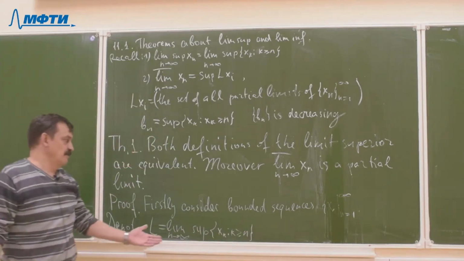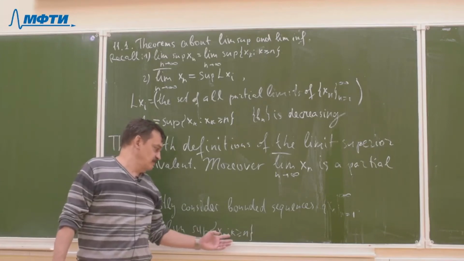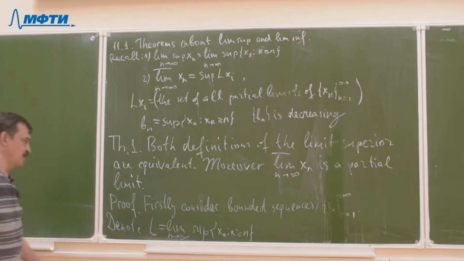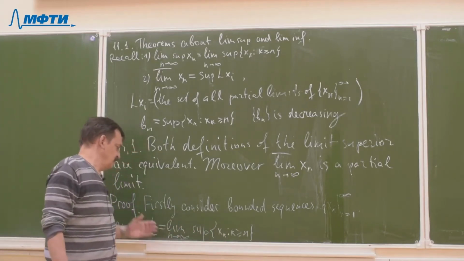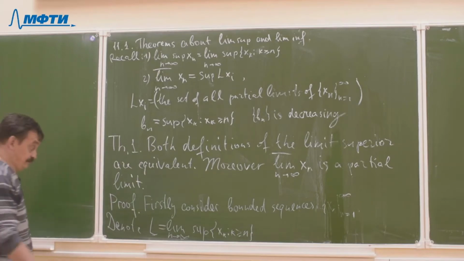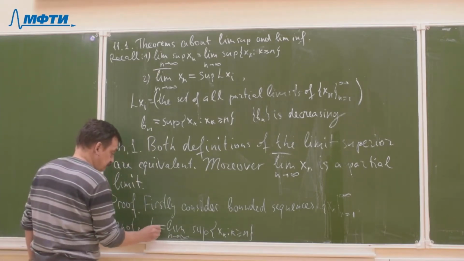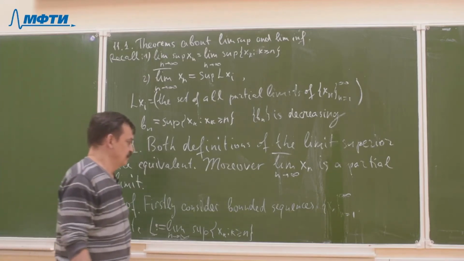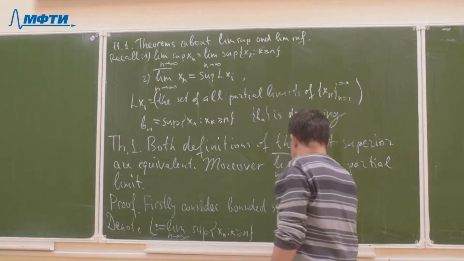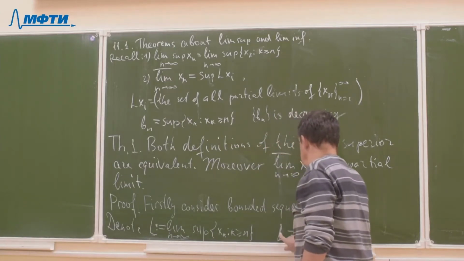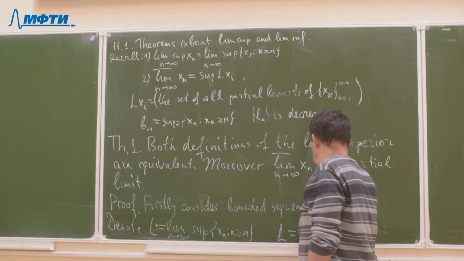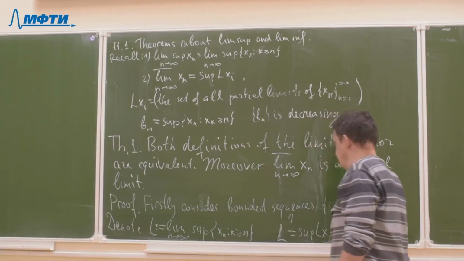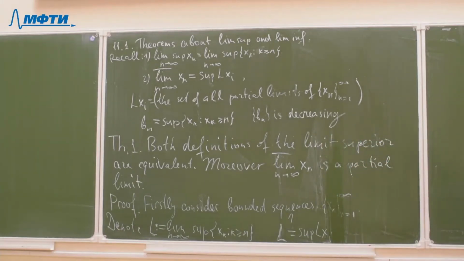So we take members of our sequence for indices k greater or equal than n, we consider supremums, and we take the limit of this sequence L. So now we want to prove that L is simultaneously the supremum of the set of all partial limits. That is what we want to prove.